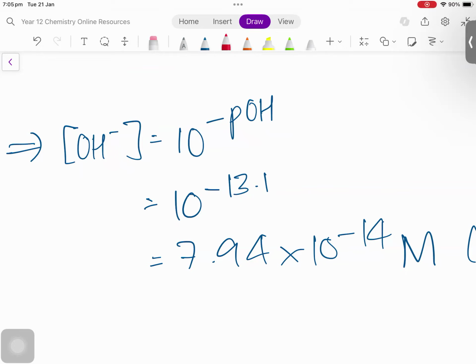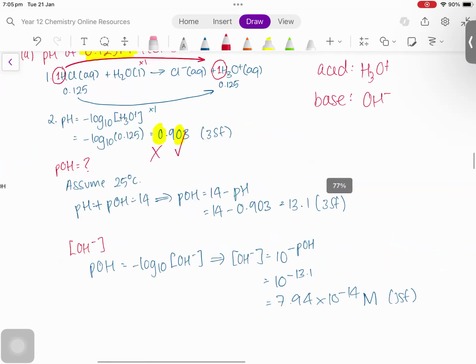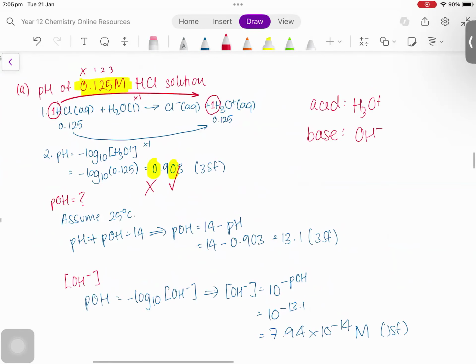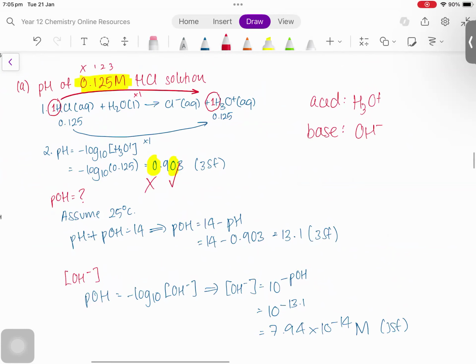So I want to emphasize one thing. This was like a challenge question from last lesson, but this is easy for you guys now. There'll be new challenge questions. Something is an acid not because it has H3O plus. Something is a base not because it has OH minus. Whether or not something's acidic or basic, guys, depends on the balance between the two.